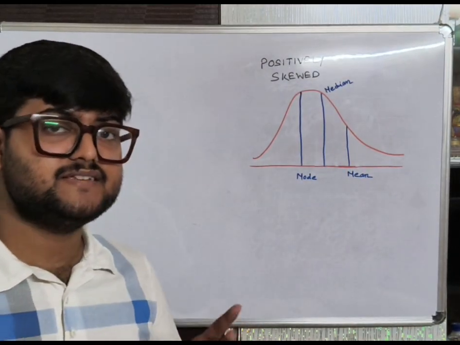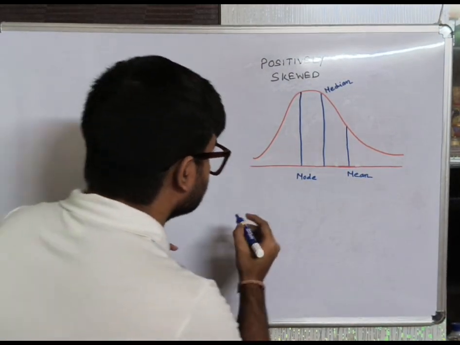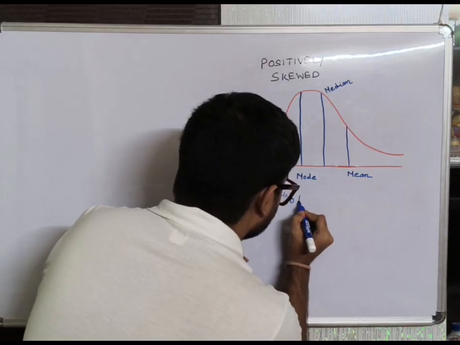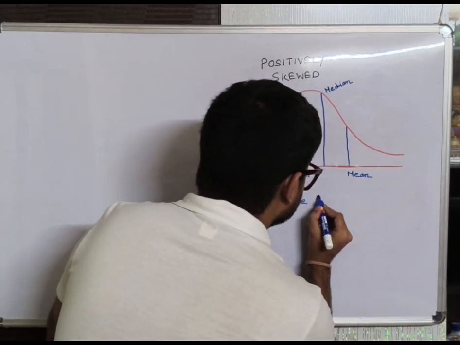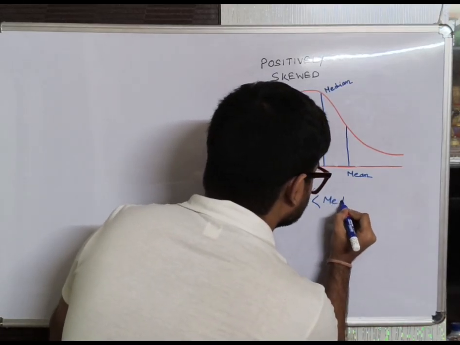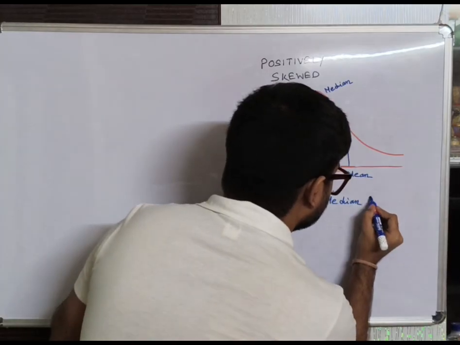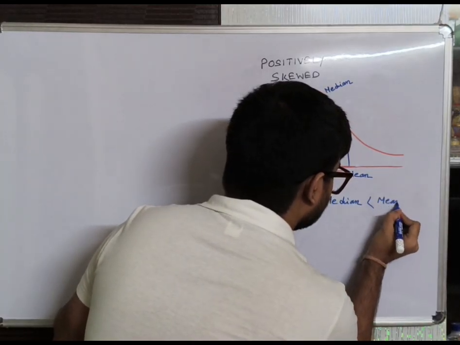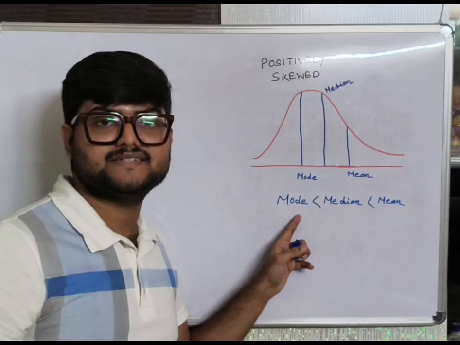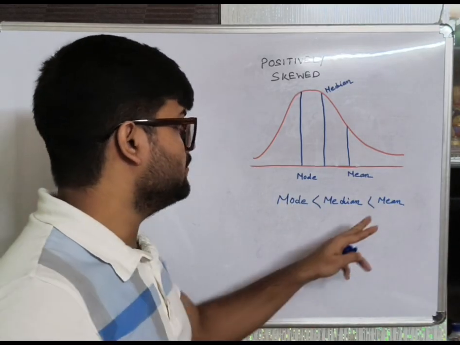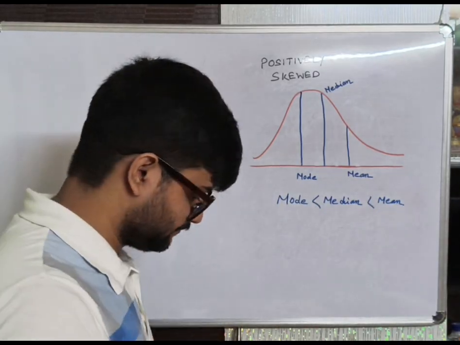So in a positively skewed distribution, median is greater than mode and mean is greater than median. So mode is the smallest one and mean is the largest one.